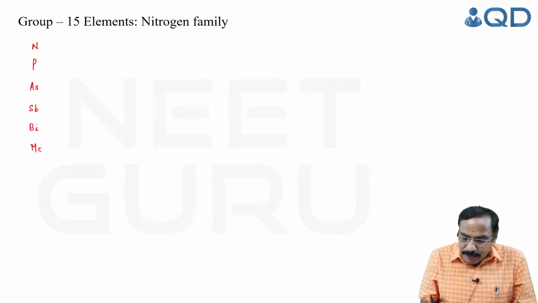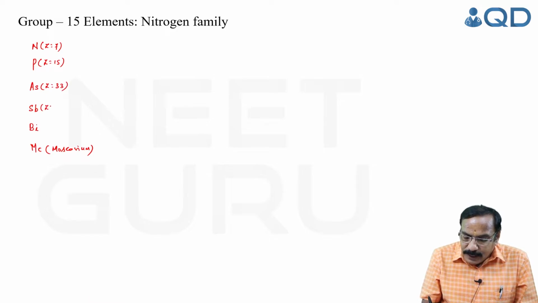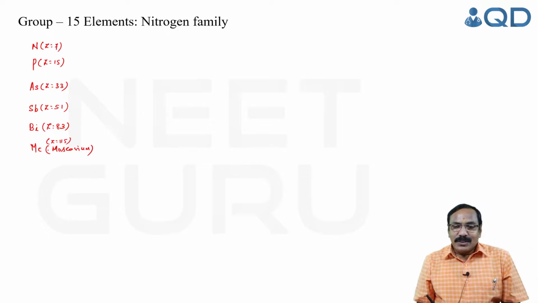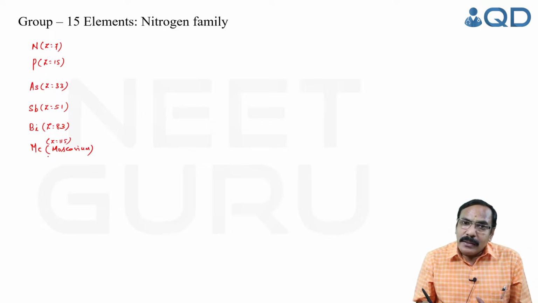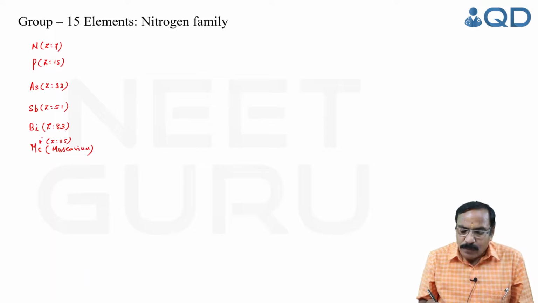Nitrogen has atomic number 7, phosphorus 15, arsenic 33, antimony 51, bismuth 83, and moscovium 115. Moscovium is a synthetic element, artificially made, so definitely it is radioactive.